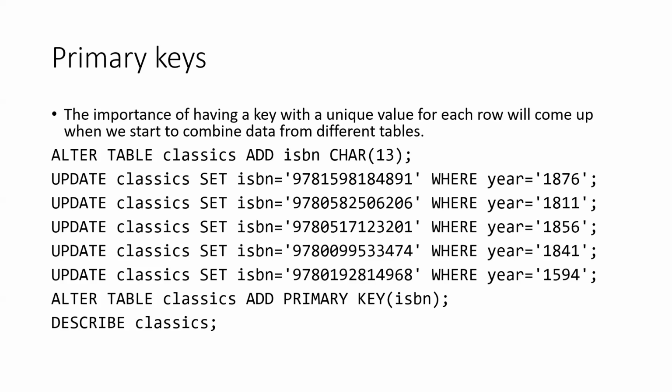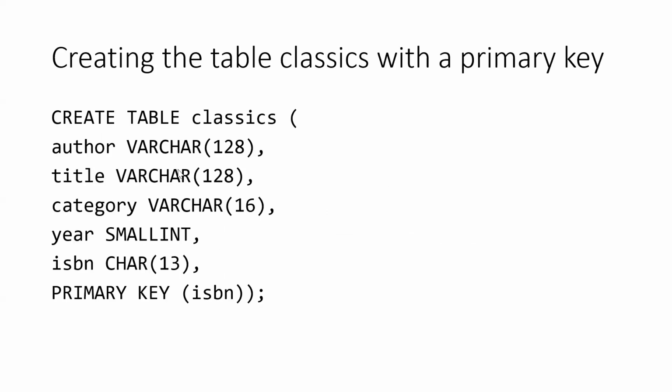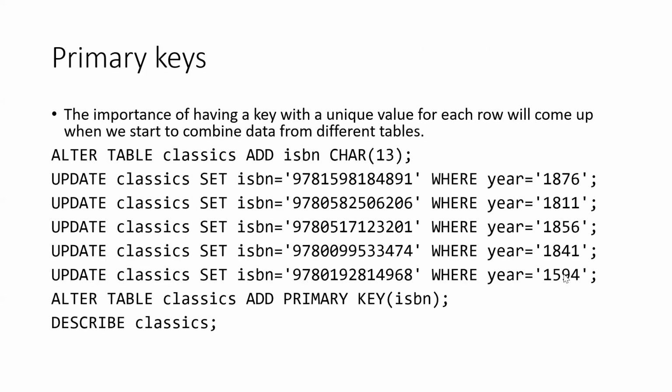For example, we could have put classics, author, title, category here with ISBN, and then finally defined it as a primary key, right? But since we have already done it without the primary key or ISBN in the beginning, let's follow this procedure.